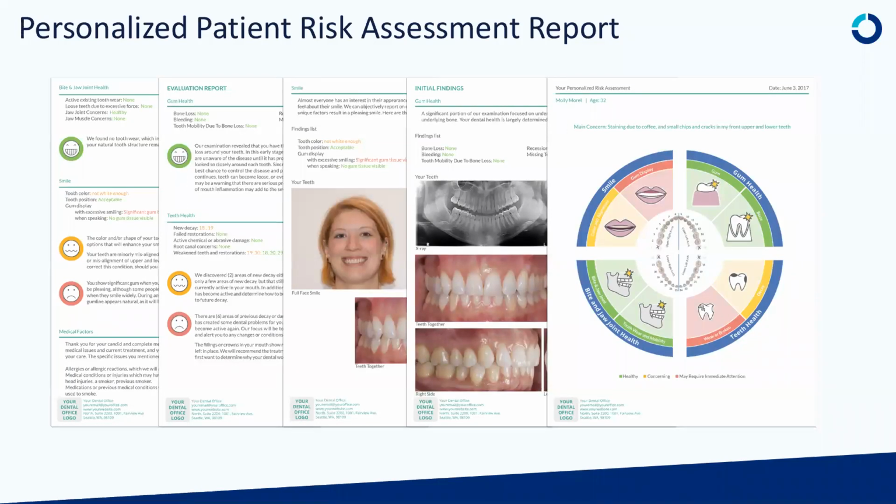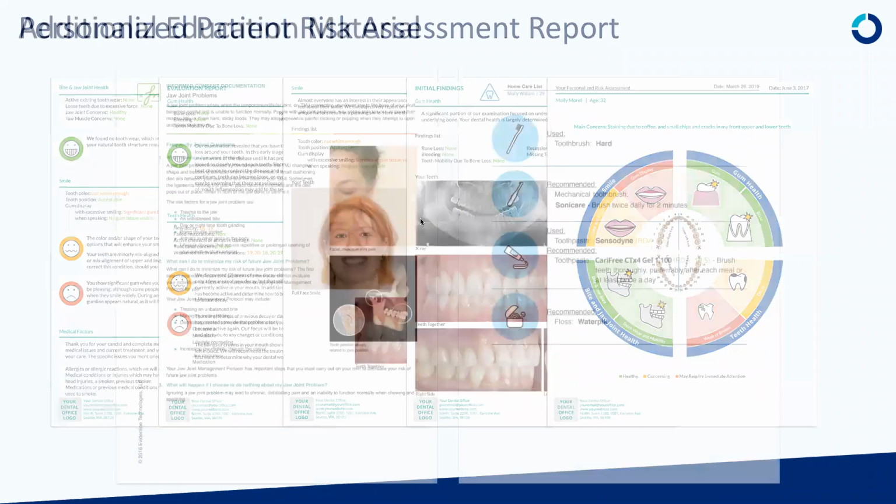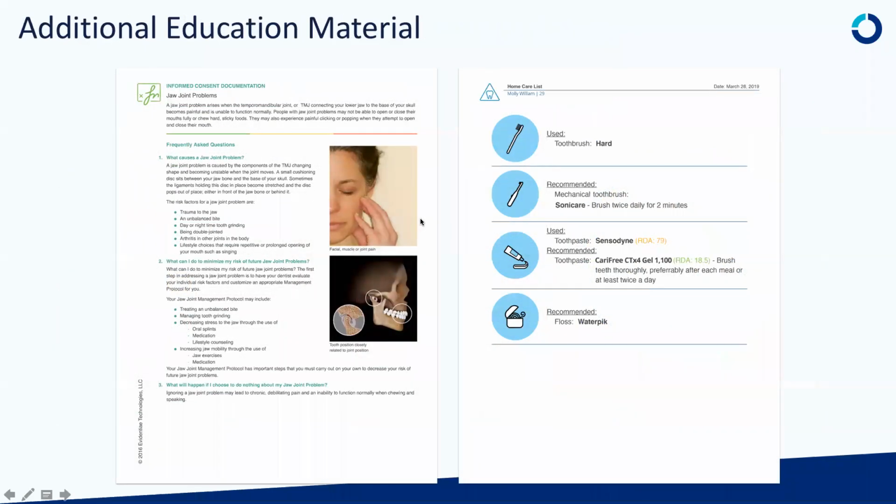Moving on from here, the risk assessment is part of, again, the walkout packet. Another part of that walkout packet is going to be the concerns and the home care list. So the concerns are automatically triggered by the system, based on the conditions that you chart on the exam.